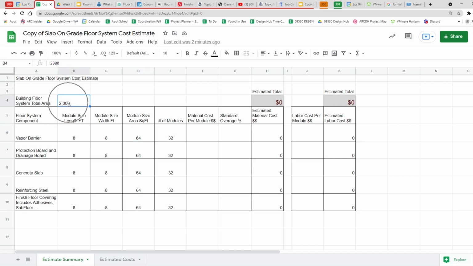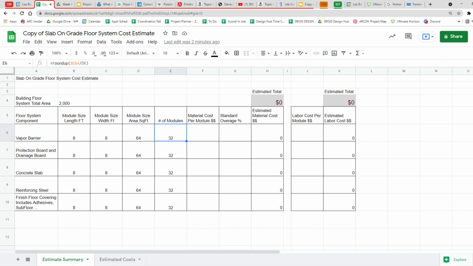Well, 2,000 divided by 64, right? If each one is 64, 2,000 is broken up into pieces of 64. Now, you'll see that 32 times 64 is more than that.